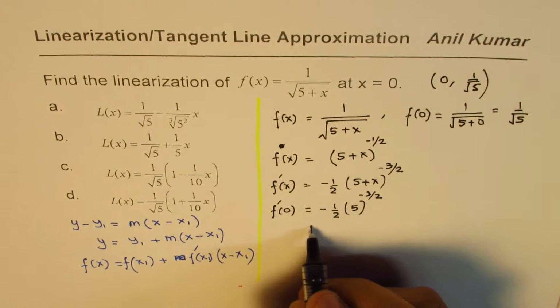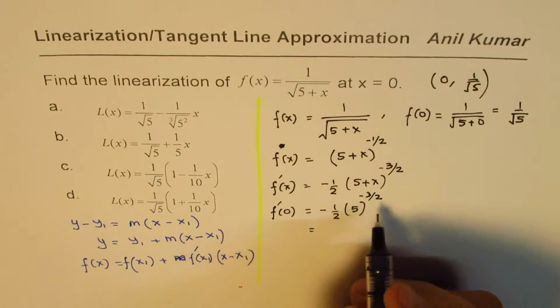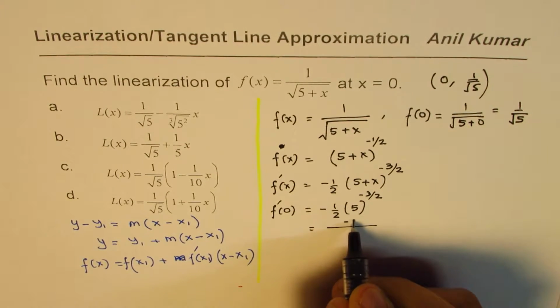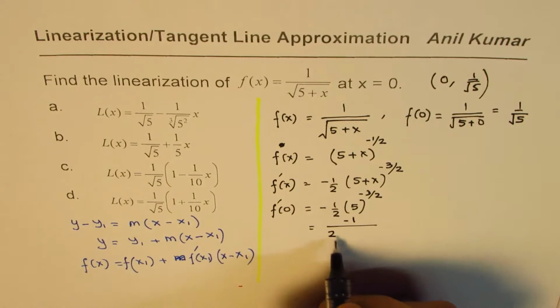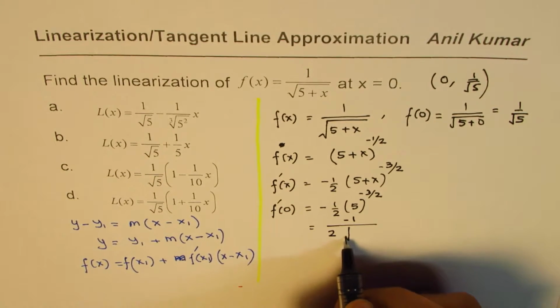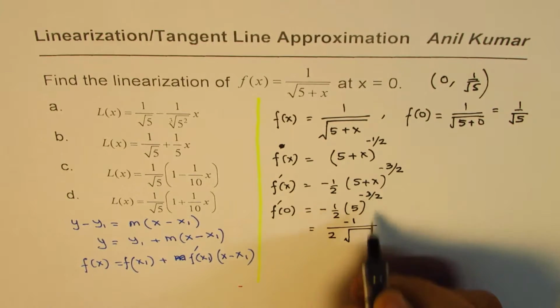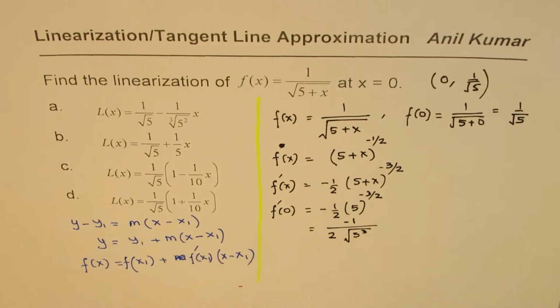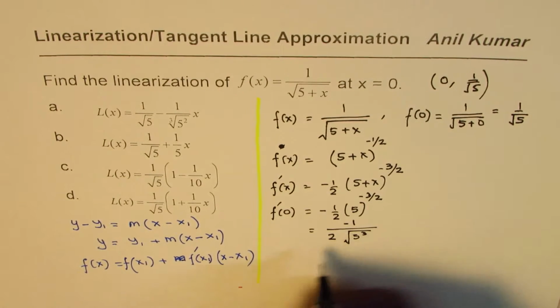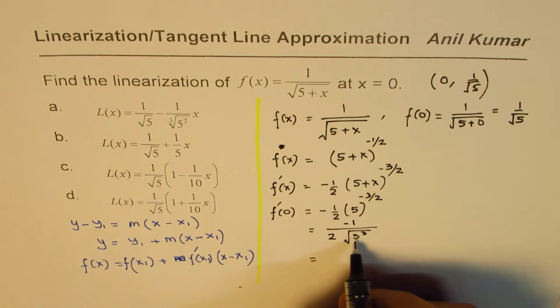Now 5 to the power of 3 by 2 really means that you could write this in the denominator. So we have negative 1 over 2 times the square root of 5 cubed. Within the square root, 5 cubed is like 5 squared times 5.